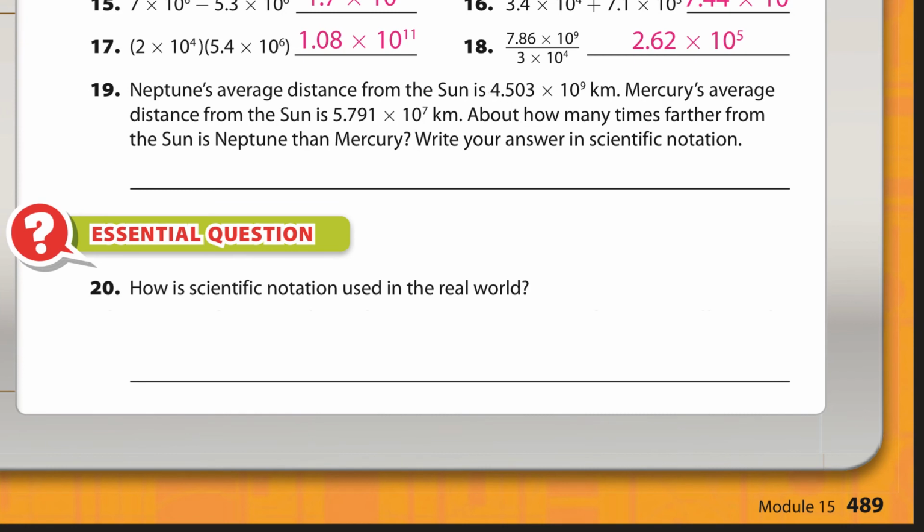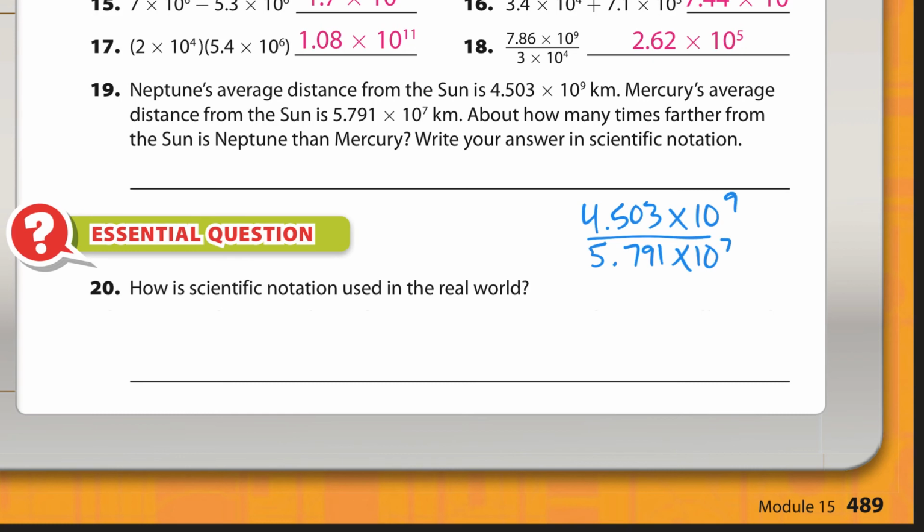Let's do that. I'll have to do it right over here. I'll do it in blue. 4.503 times 10 to the 9th over 5.791 times 10 to the 7th.